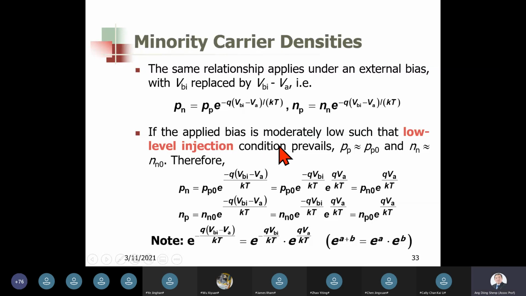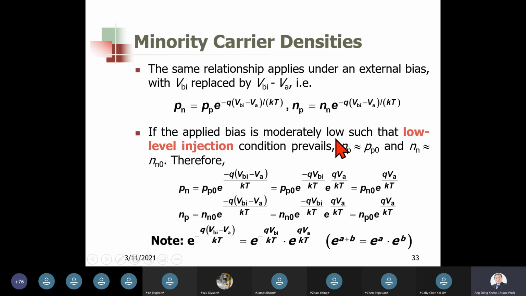Now, at this point, we want to make some assumptions. If the applied bias is moderately low, such that the low-level injection condition prevails, in other words, the low-level injection assumption is true, the majority carrier concentration does not change very much from the thermal equilibrium values.